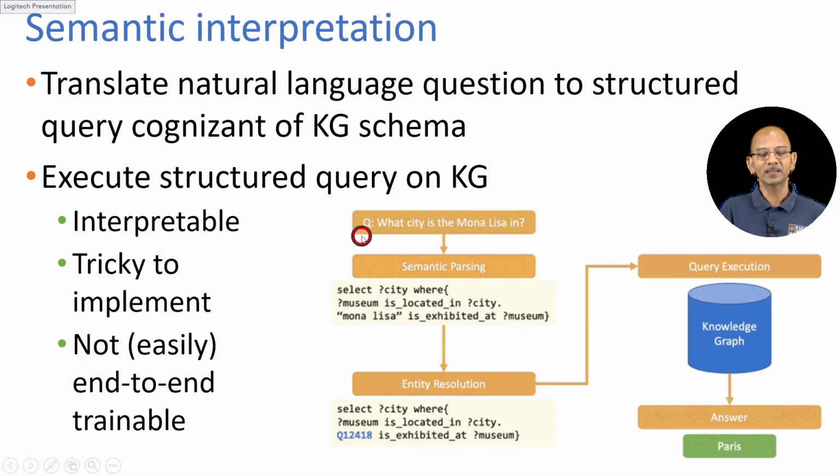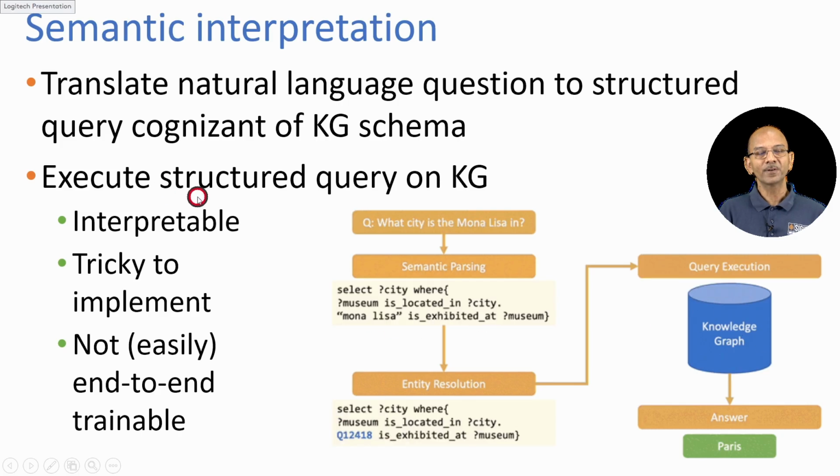If Mona Lisa itself is mapped to a unique painting ID, then I need another hop in this process to first disambiguate Mona Lisa to an ID and then try to find out in which museum it is exhibited. After that, we also need to do this kind of entity resolution where Mona Lisa is disambiguated to this entity Q12418, and then that is executed on the knowledge graph.